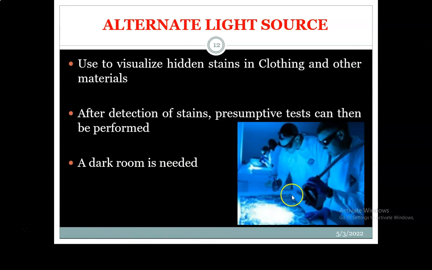If you watch from the picture, they are in a dark room. They've protected their eyes because these alternate light sources are not good for the human eye. Then where the stains are will glow for them, if it's a clothing, for them to cut that particular area for their test.